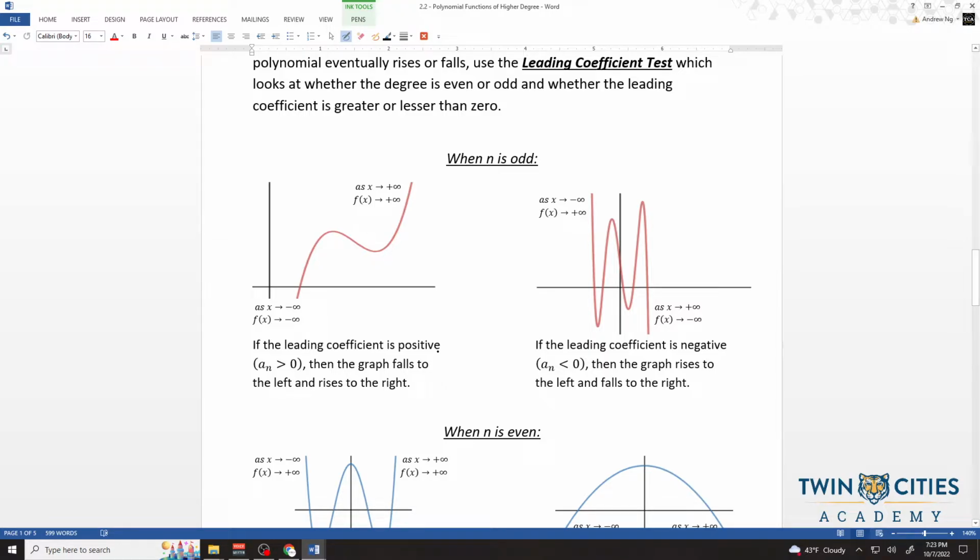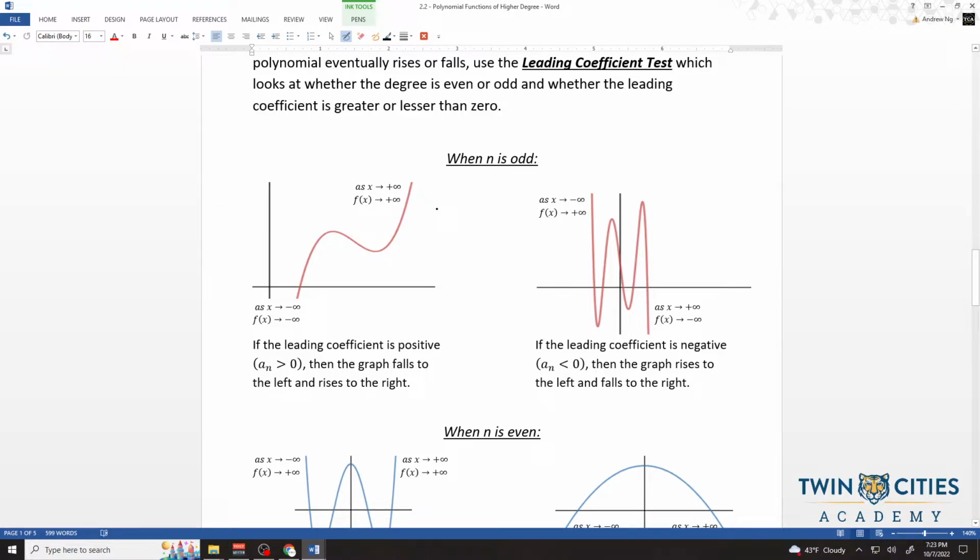Okay, when the leading coefficient, that 3, is positive, then we fall to the left and we rise to the right. Or in more technical terms, we would say as x approaches negative infinity, f of x approaches negative infinity. And as x approaches positive infinity, f of x approaches positive infinity.